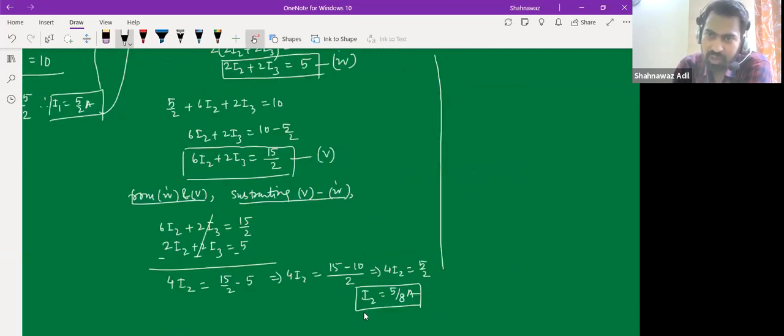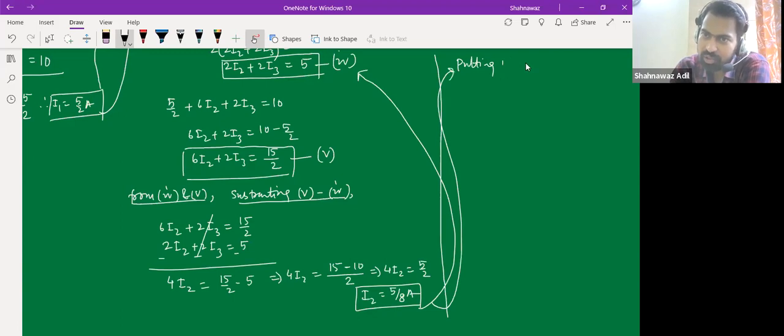Okay, so if we have calculated I2, we can put the value of I2. So this is 2 into 5 by 8 plus 2I3, this is 5.